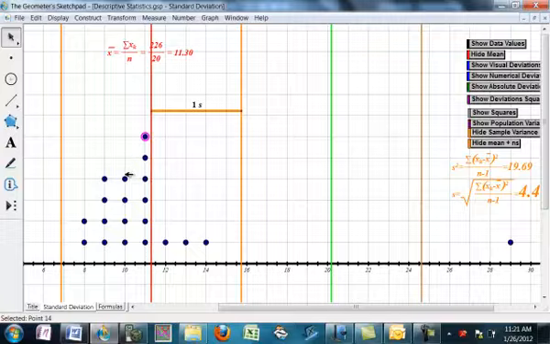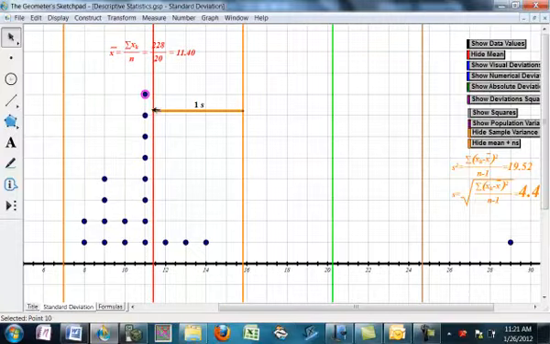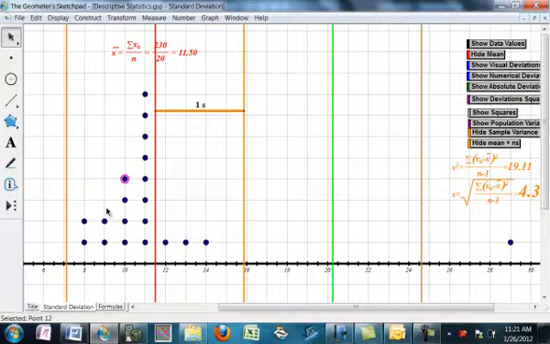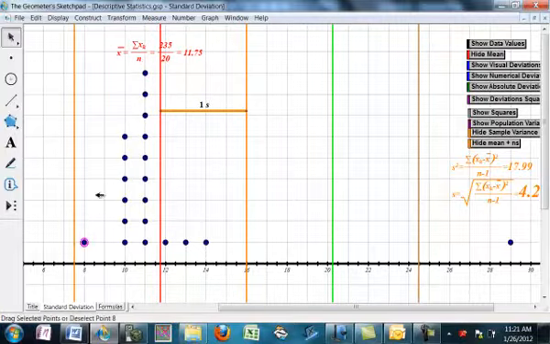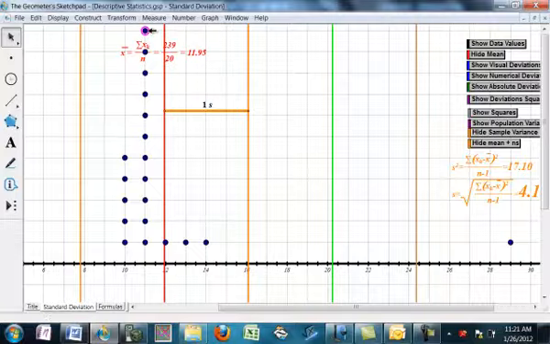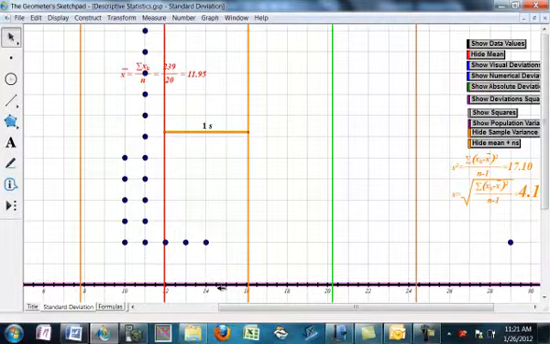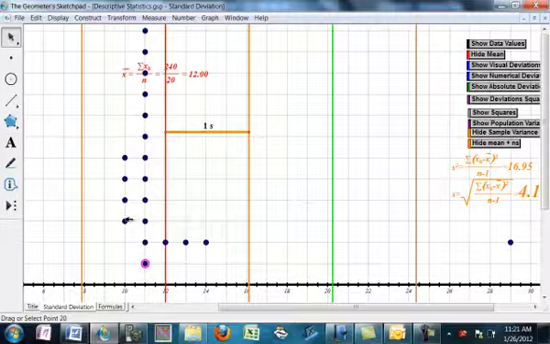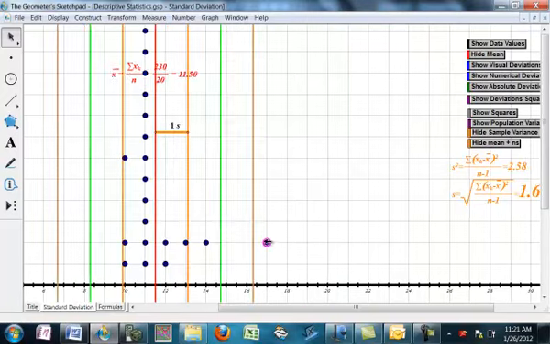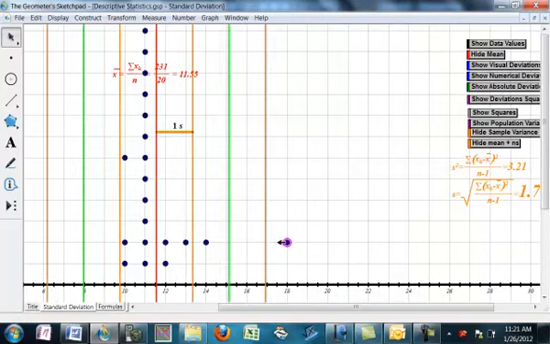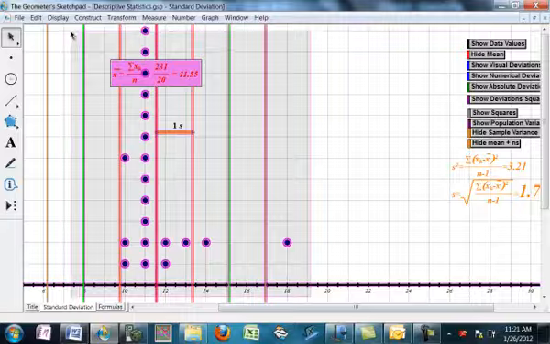What if we had a lot of data here, really, really close, and bring these in small? So right now our standard deviation is really small.